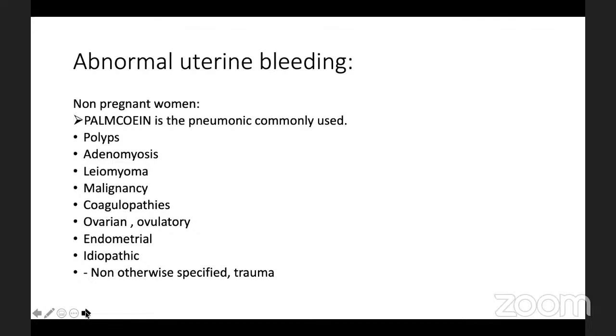So ovulatory causes would be mostly caused by hormonal medication, especially contraception in women, and with the women who are non-compliant, or probably even if it's women who are compliant.